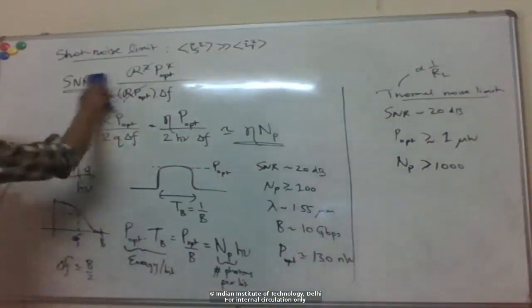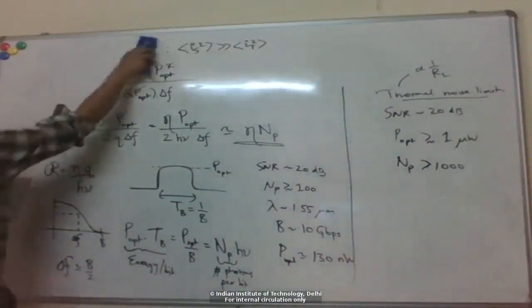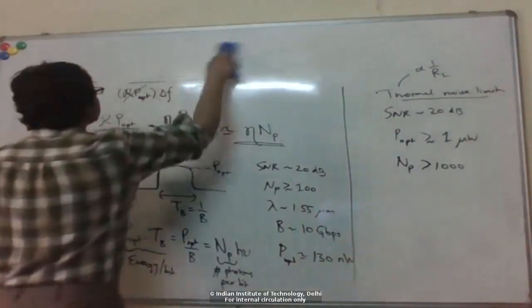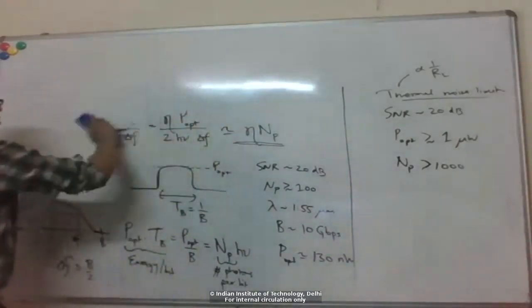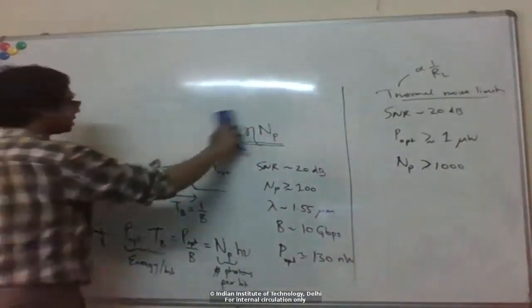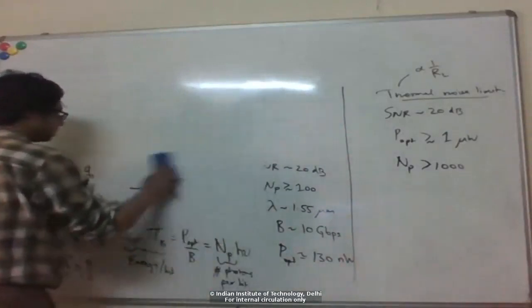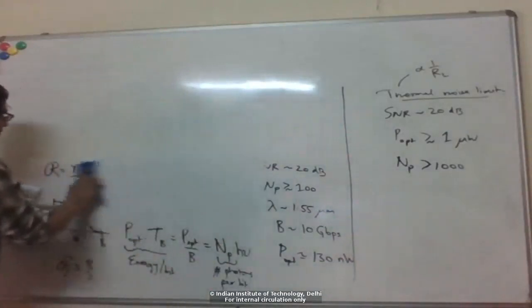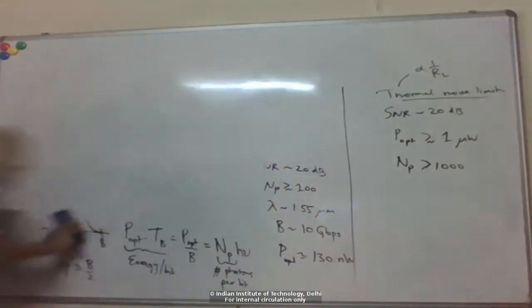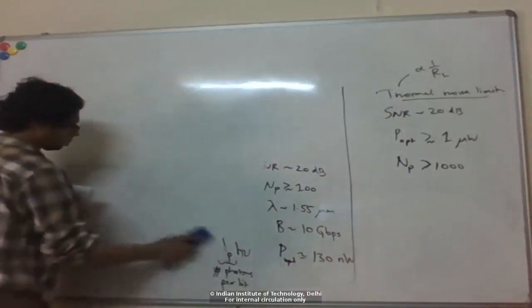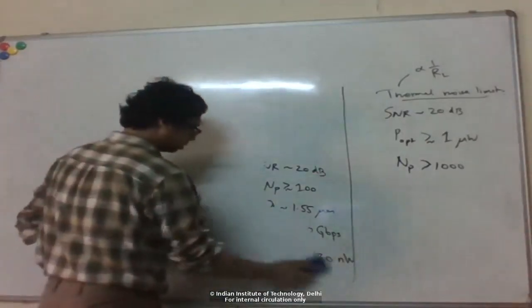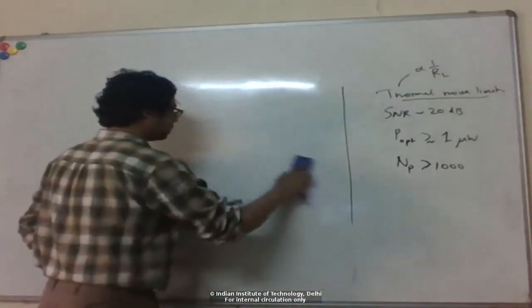Now let's discuss APDs. Right, so for APDs we saw that the responsivity is enhanced by a factor M, right, where M is the avalanche multiplication factor, or the gain we get due to impact ionization, gain in photocurrent.